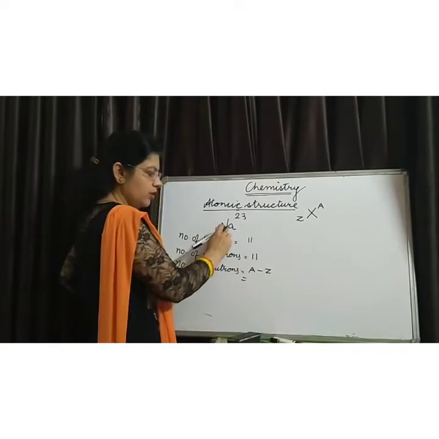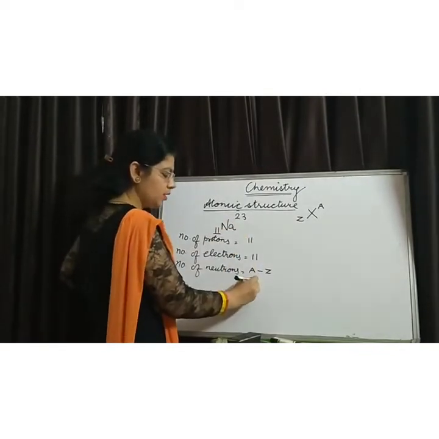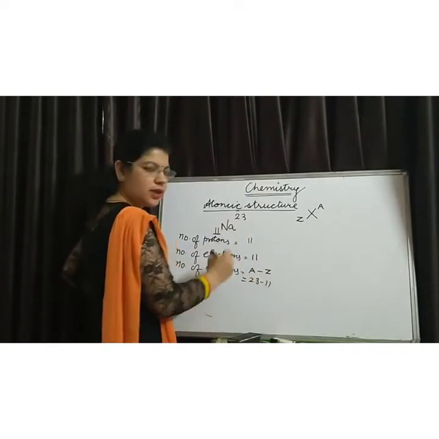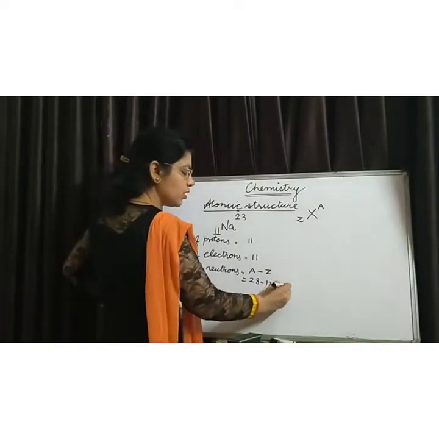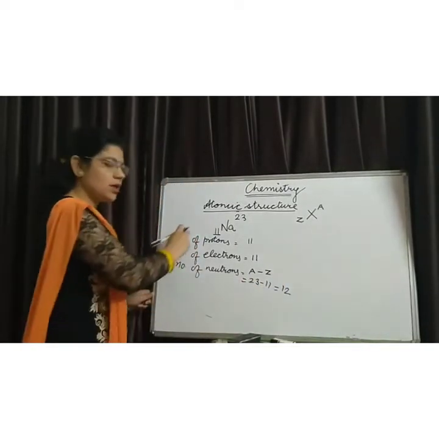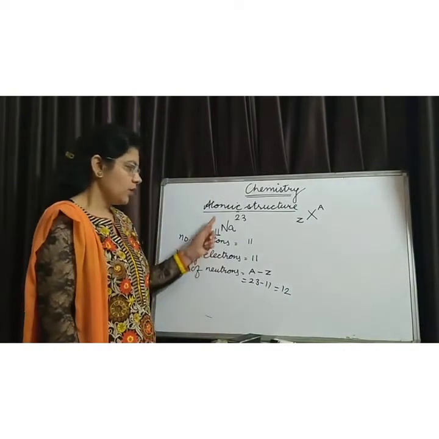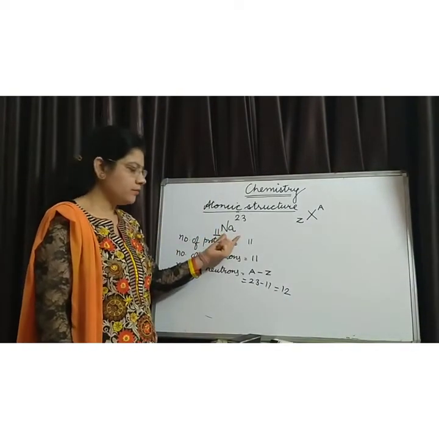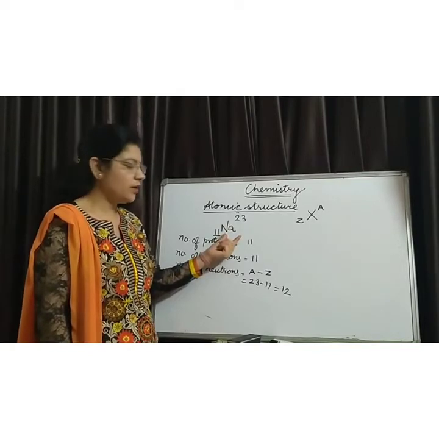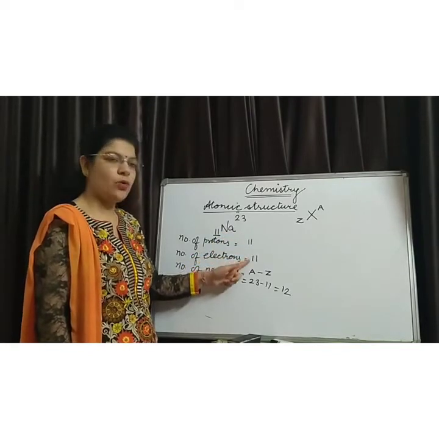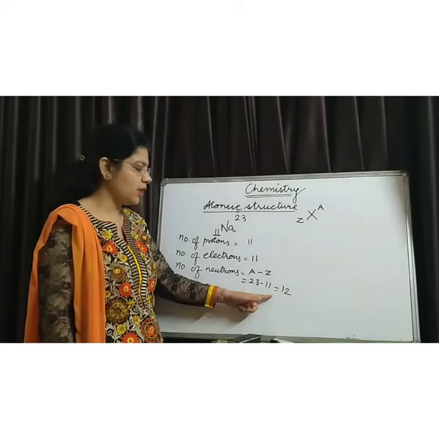In case of sodium, its mass number is 23 and its atomic number is 11. So, the number of neutrons in the sodium atom is 12. So, by knowing the symbol of the atom, we can easily find the number of protons, electrons as well as neutrons in the atom.